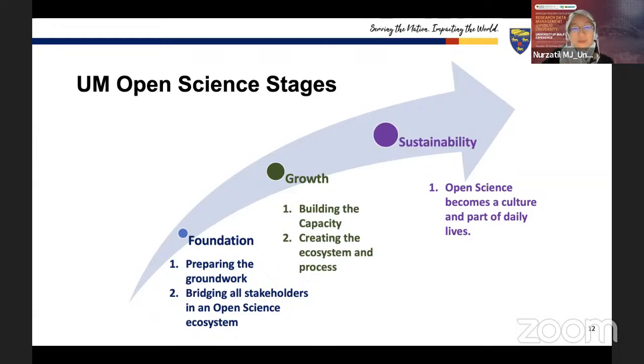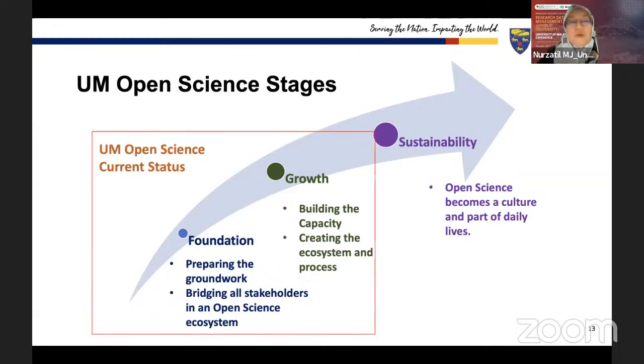So that is sustainable. So where is UM open science at the moment? We are really in between, I would say overlapping, between the blue bullet point and the green bullet point. We have prepared some and laid the foundation, and I can show you later what the foundation is. We have put up our own policy for research data management.